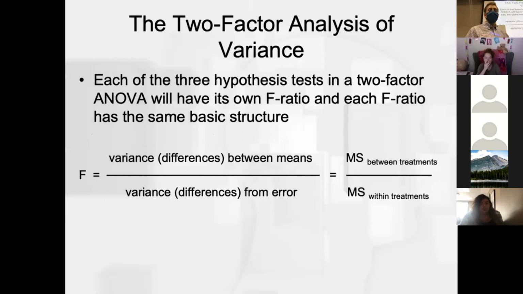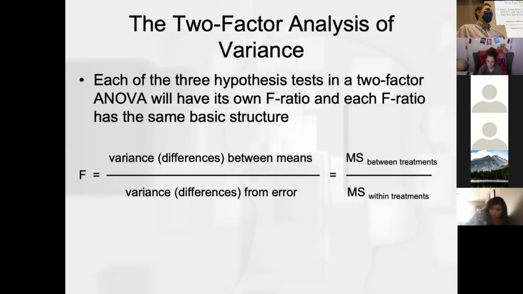So each of the three hypothesis tests in the two-factor ANOVA will have the same basic structure, not the same F ratio, the same basic structure. Right?